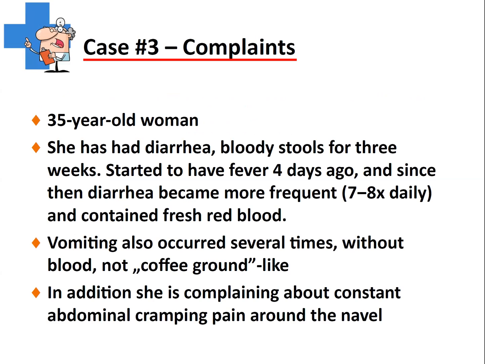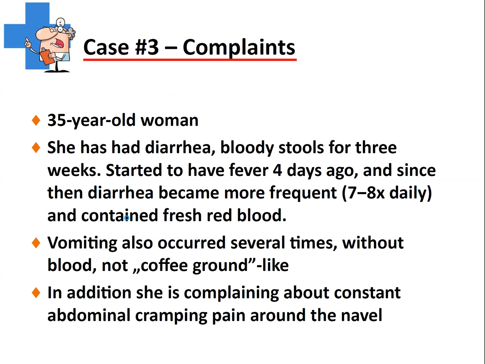Now, in this case, I think that's the last case, a 35-year-old woman. She has had diarrhea and bloody stool for 3 weeks, and started to have fever 4 days ago. Since then the diarrhea became more frequent, 7 to 8 times daily, and contained fresh red blood. Vomiting also occurred several times without blood, and not a coffee-ground-like stool.